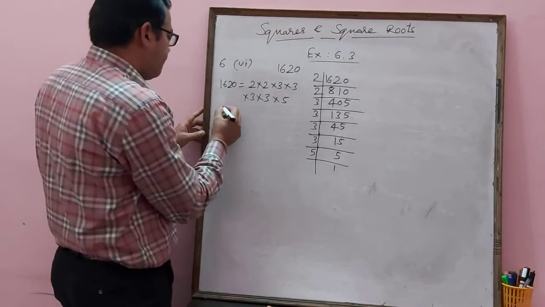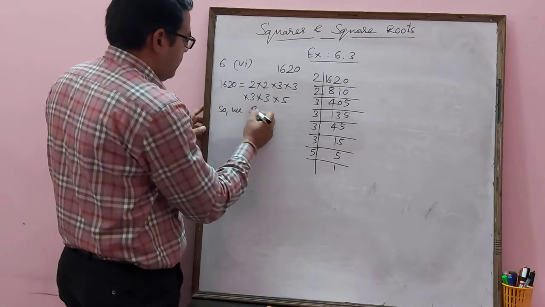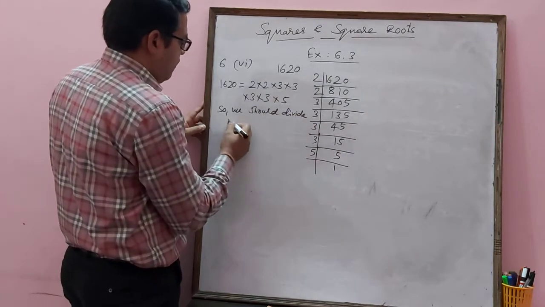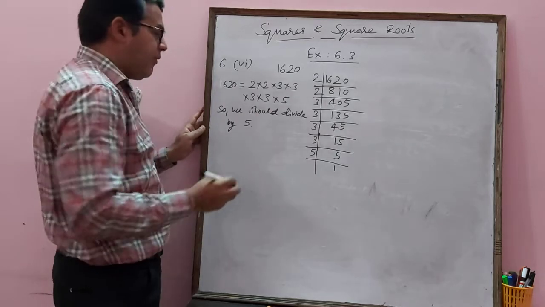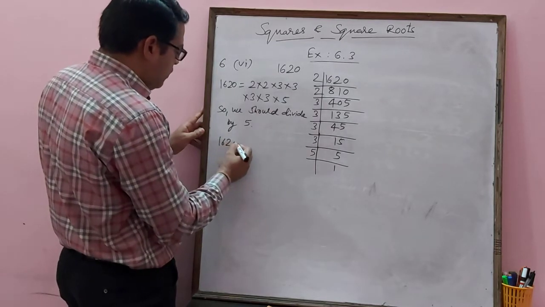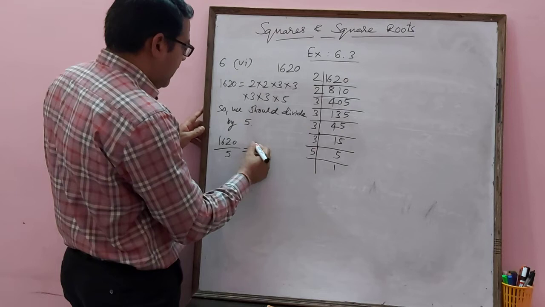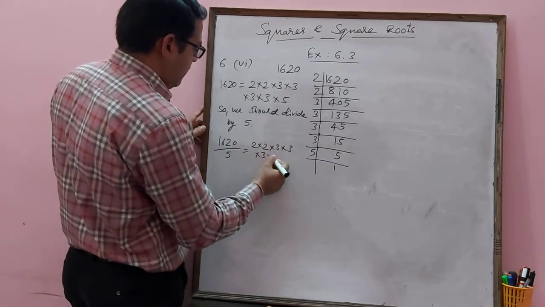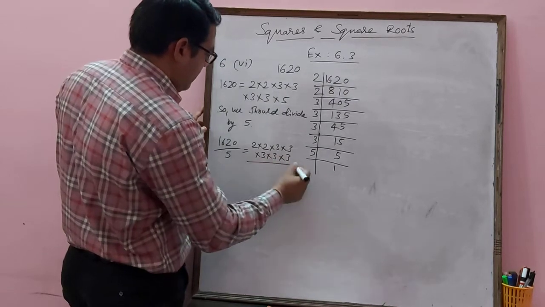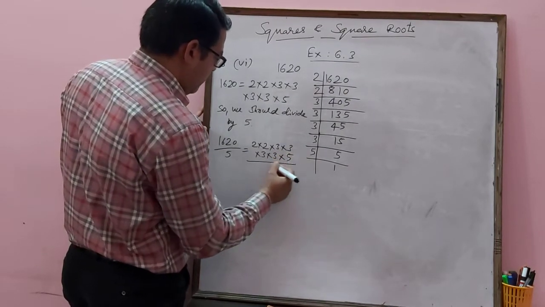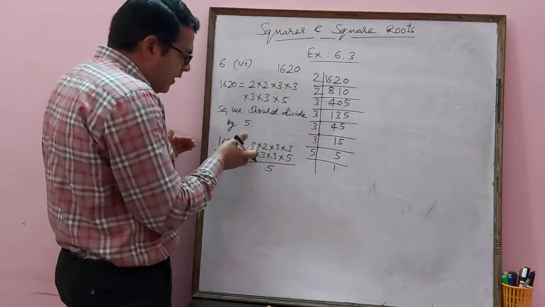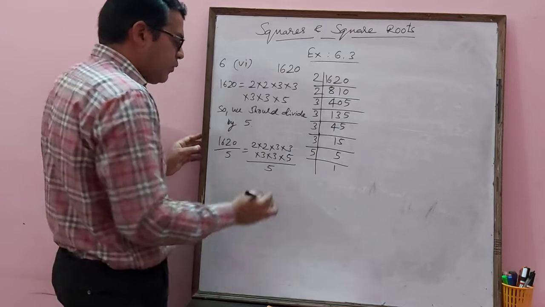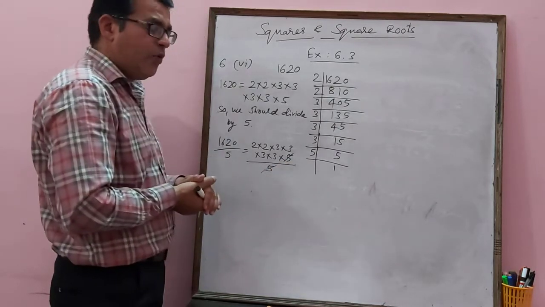So we should divide by 5 to make it a perfect square. Now 1620, if we divide by 5, here also we should divide by 5. You can consider all the factors in a single row. Since space is not there, that's why I am writing this way. So we can remove this 5.